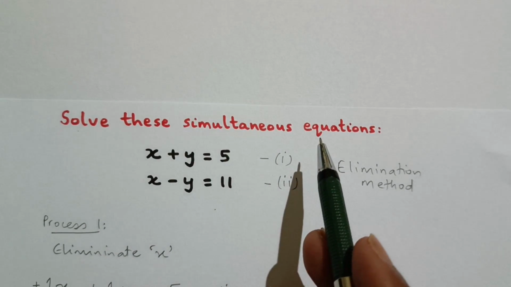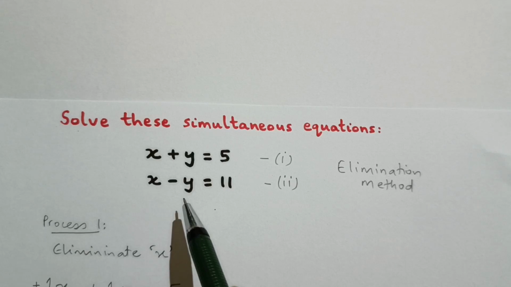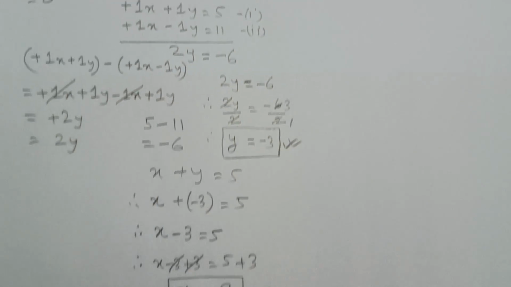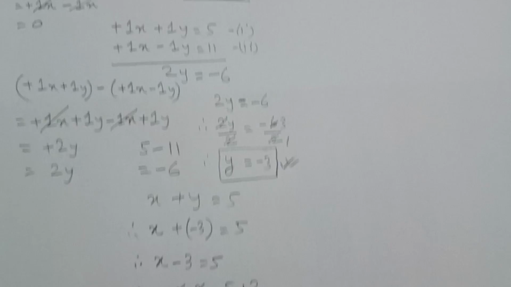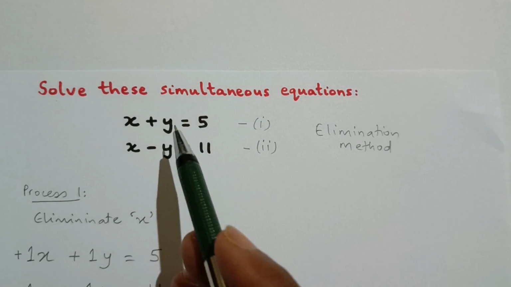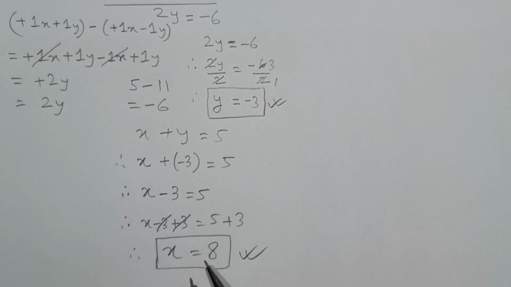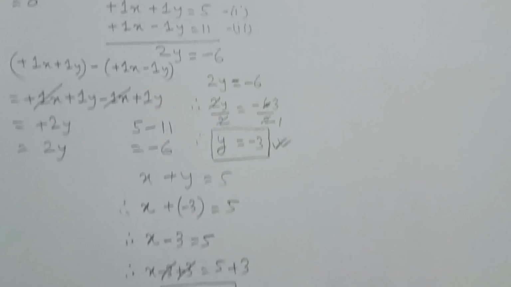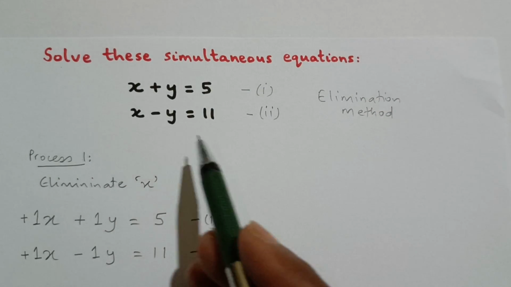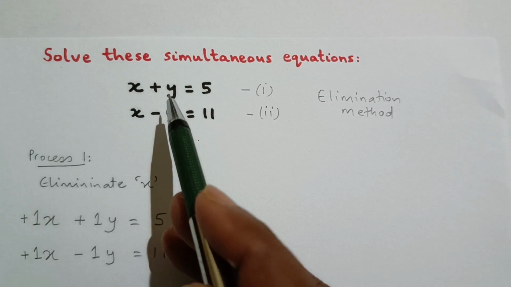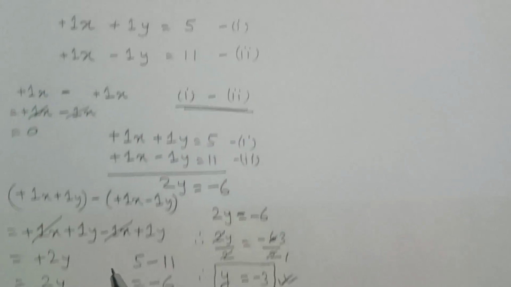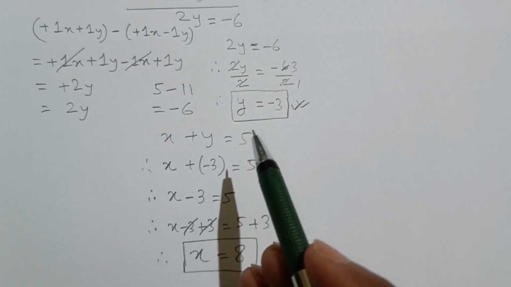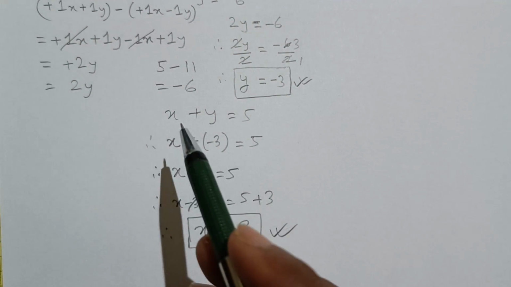So when I solve these simultaneous equations, the value of x is 8 and the value of y is minus 3. And if you want to cross check, you can. Let us cross check in equation number 2, because in equation number 1 we substituted the value of y and found the value of x.